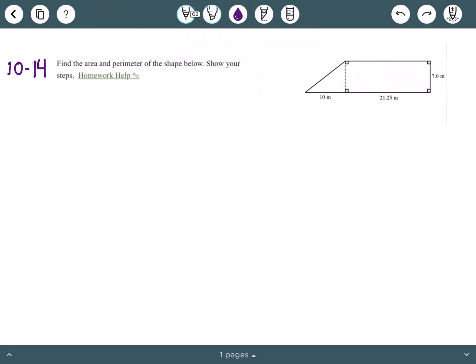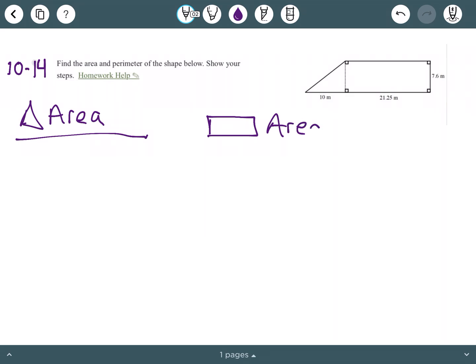So I'm going to do my work for the triangle area here, and then my rectangle area. All right, so let's start with the triangle area. The formula for the area of a triangle is 1/2 of the base times the height.